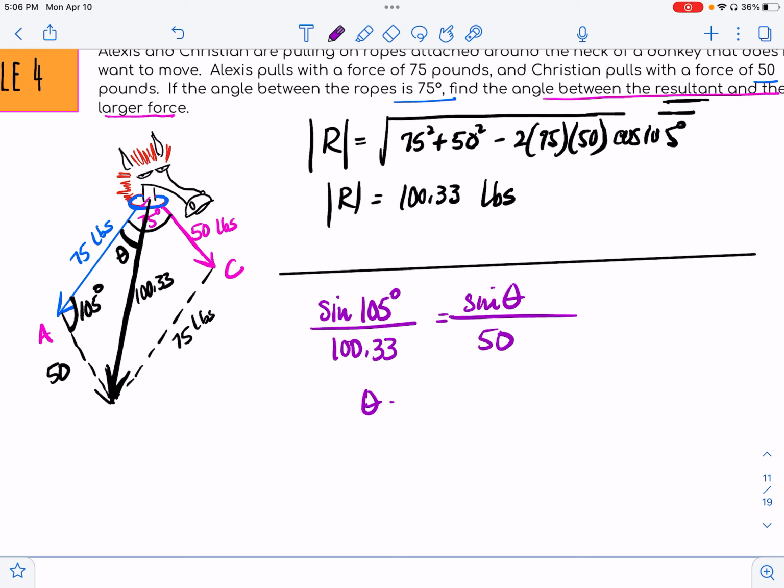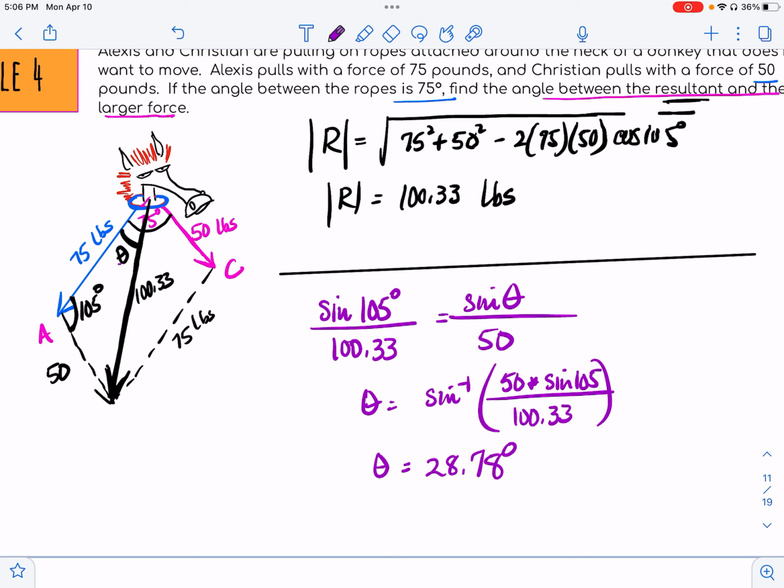So theta would be equal to sine inverse of 50 times sine of 105 over 100.33. Okay, plug that in, and that angle should turn out to be about 28.78-ish degrees, and that's going to be that angle right there, the angle between the resultant vector and the larger side.